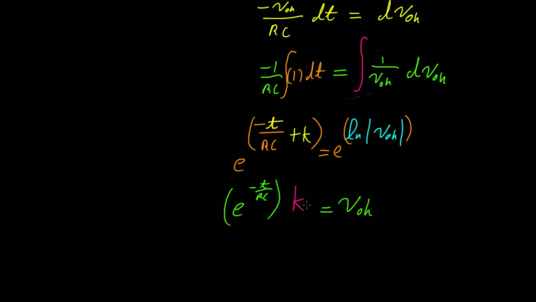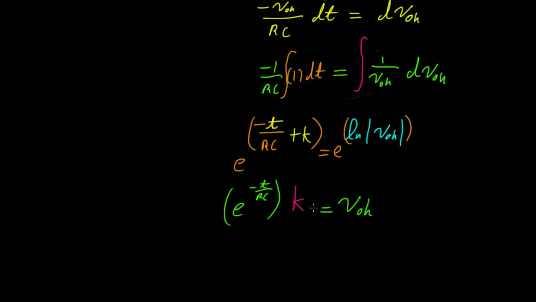We can just keep on saying that this is k, even though it's technically e raised to some constant. So we're going to leave that as a constant k that we have to solve for later, and I'll show you exactly how we're going to solve for that.